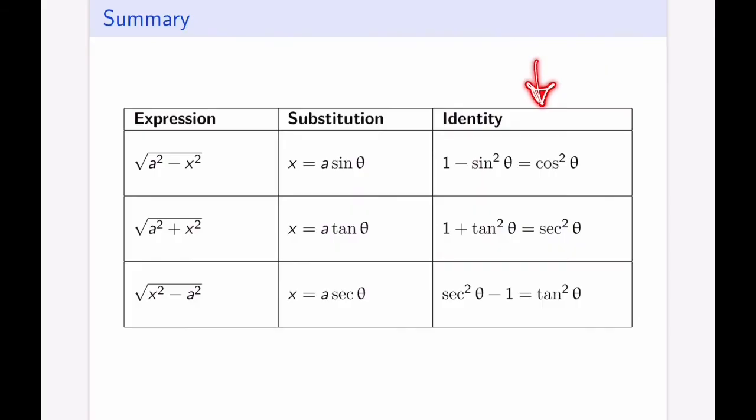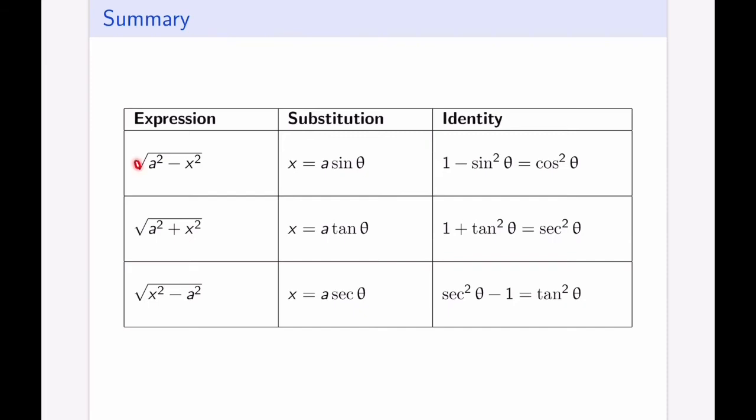So in the example that we've just seen, we used this particular identity with the substitution x equals sine theta. What the more general expression suggests is if there is a constant here, let's call it a, I can still use this substitution, but I have to scale it according to the given constant. So this a is a constant, this x is your variable. Keep this in mind throughout.